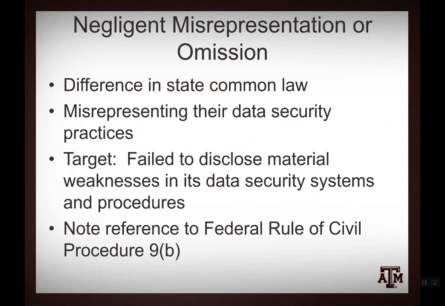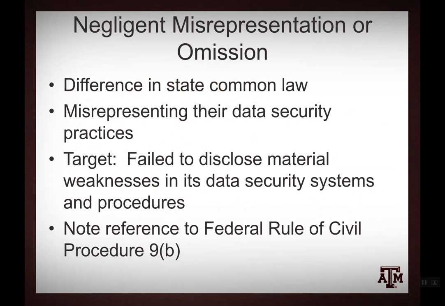Another case we're seeing more and more used in data cases is negligent misrepresentation or omission. If you put in writing you're going to protect data, you better have your data protection in line. This is actually a catch-22 because you can put it in writing that you're going to protect data and then have that used against you when you have a data breach by saying, hey, you said you were going to do it.